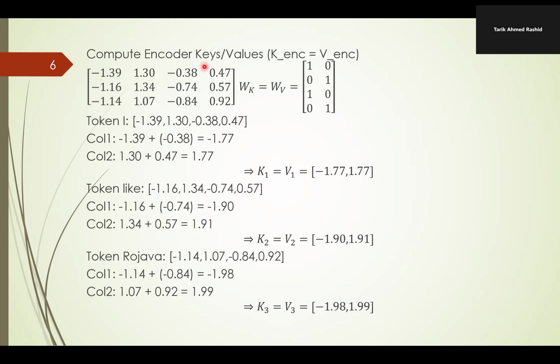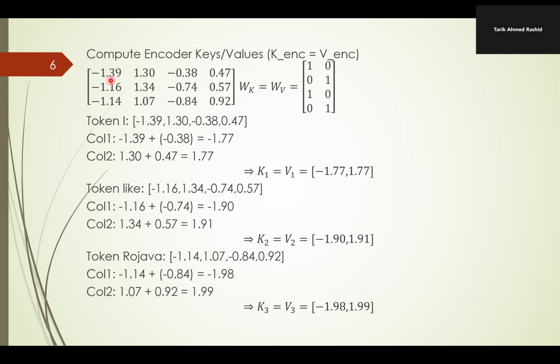Now, compute the encoder keys and values. Of course, assuming the same weight matrix, we multiply the output from the encoder, which represents keys and values, by this weight matrix.